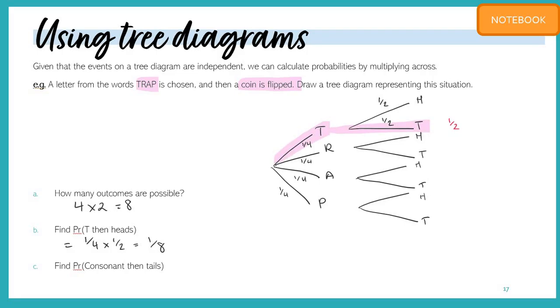And we know that there is 1/2 times 1/4, so 1/8. We're going to follow the R to the tails, and that's also going to give us 1/8. And then we're going to follow the P to the tails as well. And that's once again 1/2 times 1/4, giving me 1/8. And so if I want all of those together, I am just going to add them, giving me 3/8.